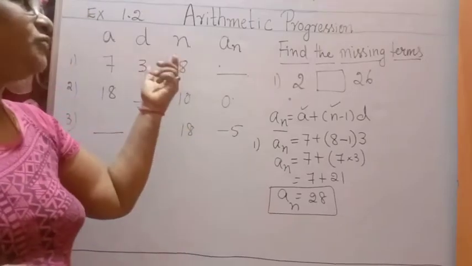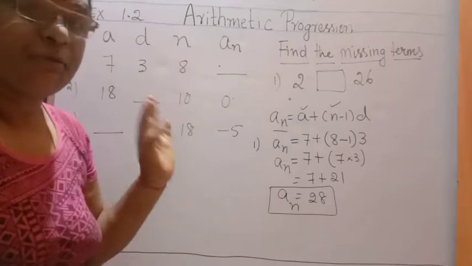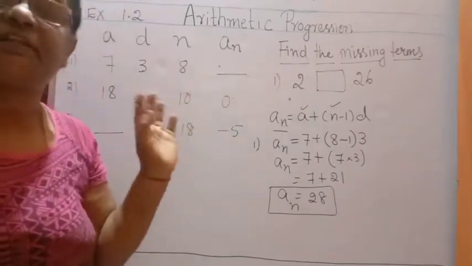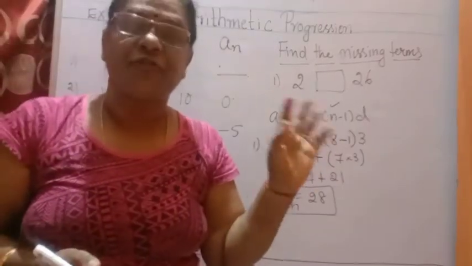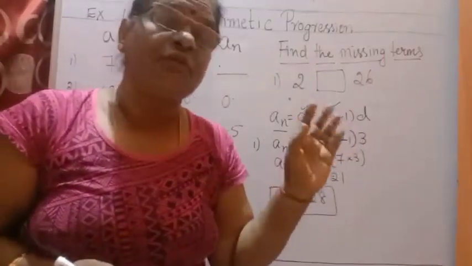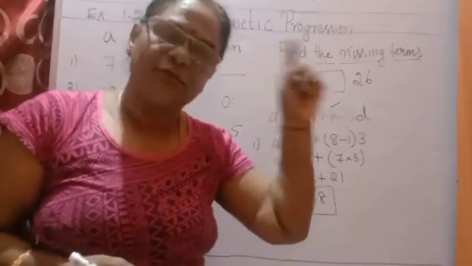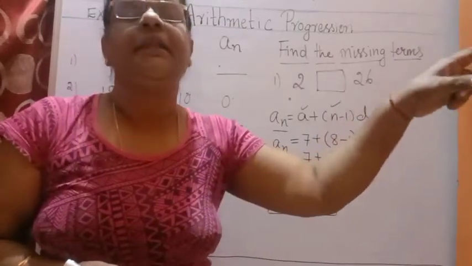How many terms are there? Suppose there are 20 students in your class. If I ask you how many students there are, you will tell 20. Who is the 20th student? The one whose name starts with Y or Z, the last student.